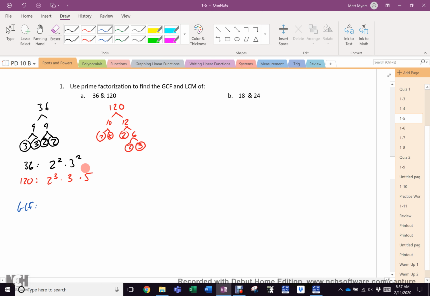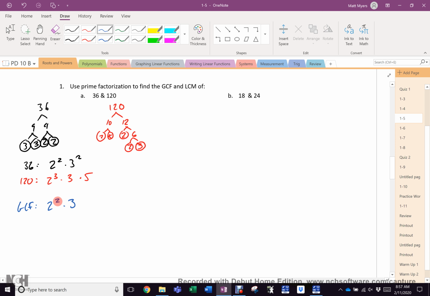Right? So these are common, yes? Which one do I need in GCF? Which shows me the biggest part? Is it 2 squared or 2 cubed? 2 squared, because we are looking for parts. We are shrinking down. 2 squared. What about 3's? They're both there. Which one do we need? 3. Just the 3.